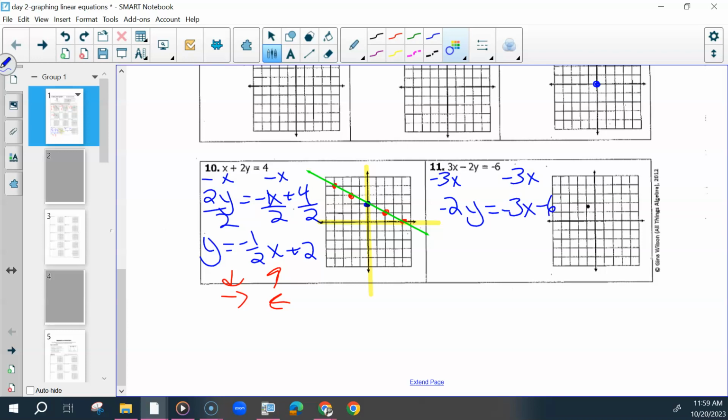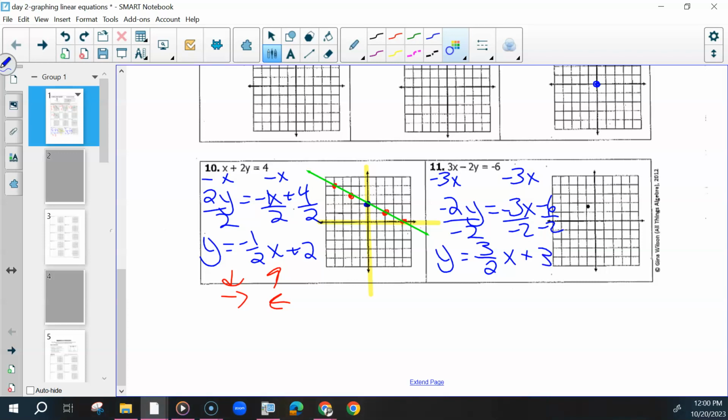Okay, and then do what? Divide everything by -2. And then 3 plus 3, wouldn't it be a positive? Yes, all your signs are going to change. So 3. Positive 3/2 x plus 3.